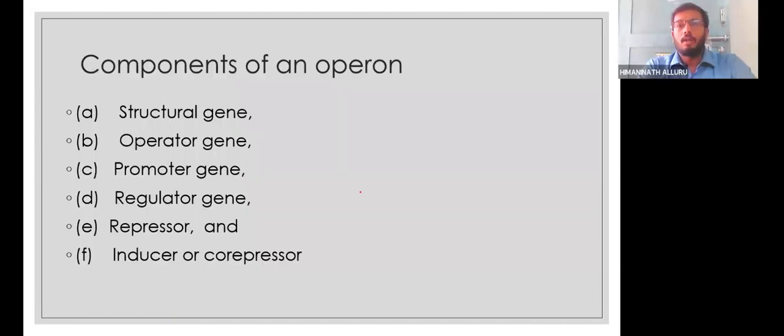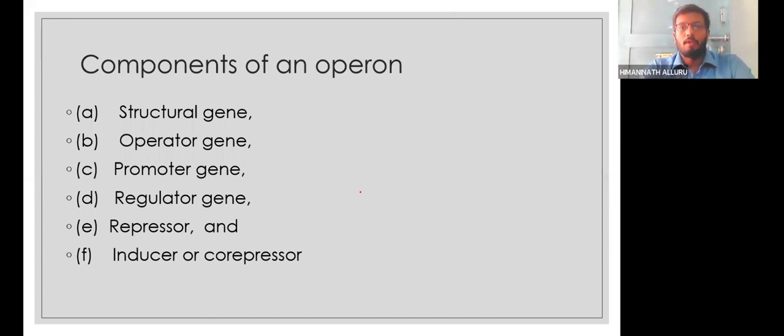So what are all the components? Students must keep clearly in mind what components are there in an operon. Any operon, not necessarily the lac operon; lac is just one example we are going to explain to the children. Whenever we call something an operon, what things should be there?